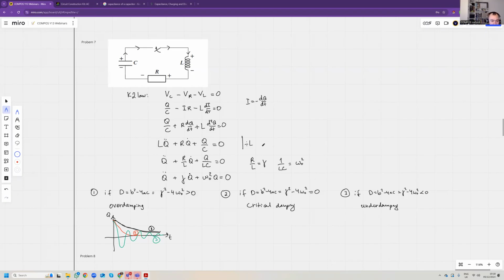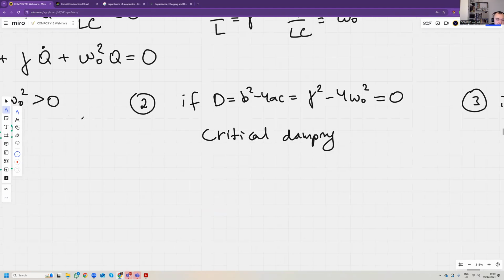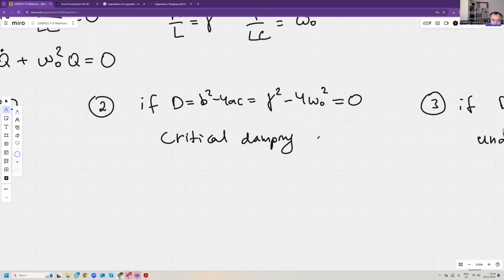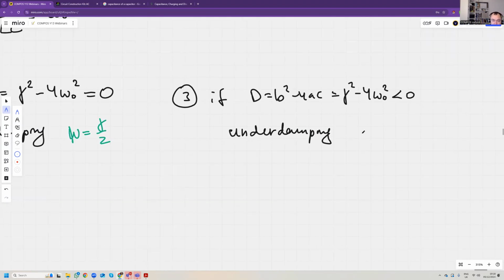And so what does that mean? If gamma is greater than 2 omega, that means omega is less than gamma over 2, that's overdamping. Critical damping is if omega is equal to gamma over 2. And underdamping is omega greater than gamma over 2.